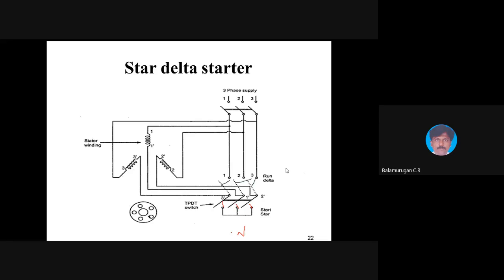If it is moving to the delta connection, IL is equal to VL divided by ZP into root 3, where V phase equal to VL and IL equal to root 3 into I phase. So generally, write the star relationship and the delta relationship. This is for star and this is for delta.